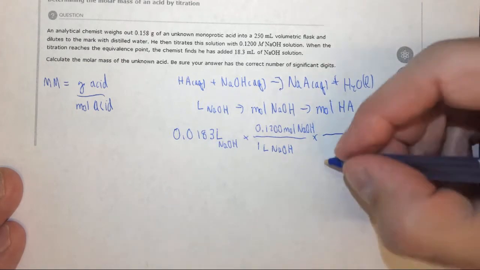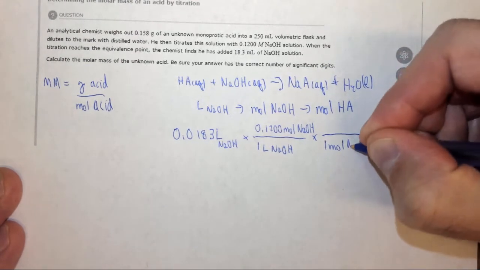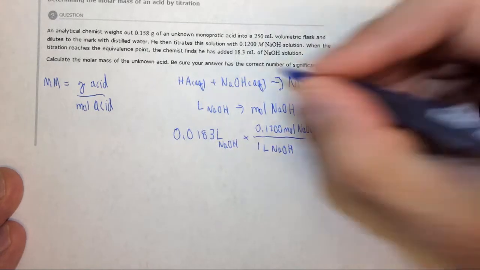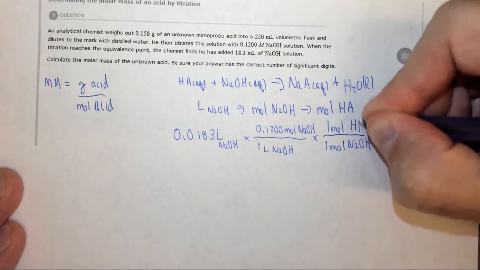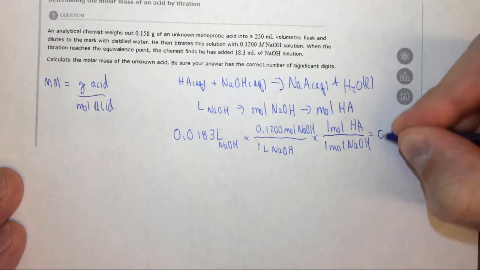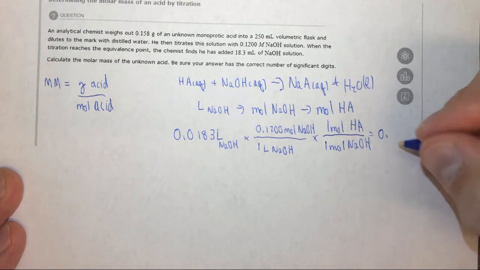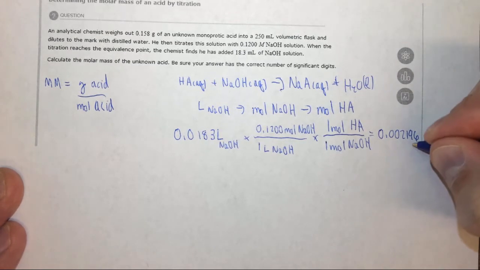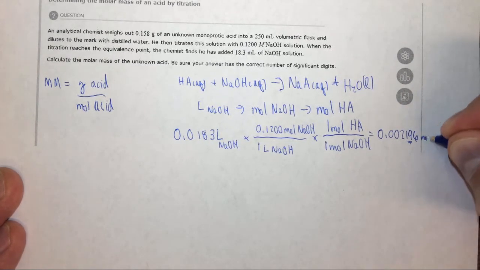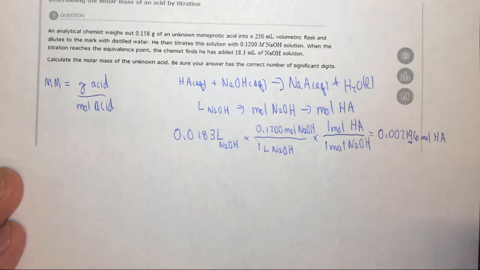Well, there's 1 mole of NaOH for every 1 mole of HA. And when you do that math, you get that this is 0.002196, and it's 3 sig figs, moles of HA.